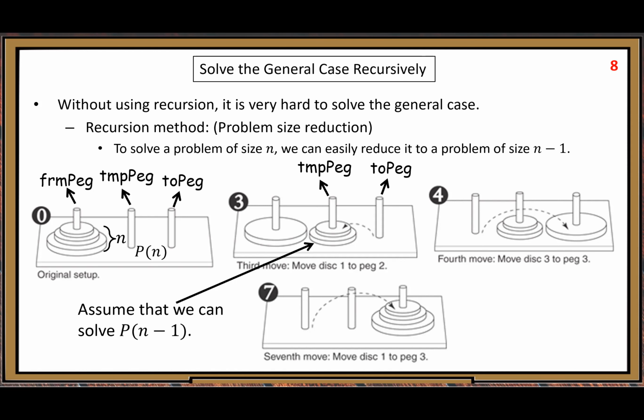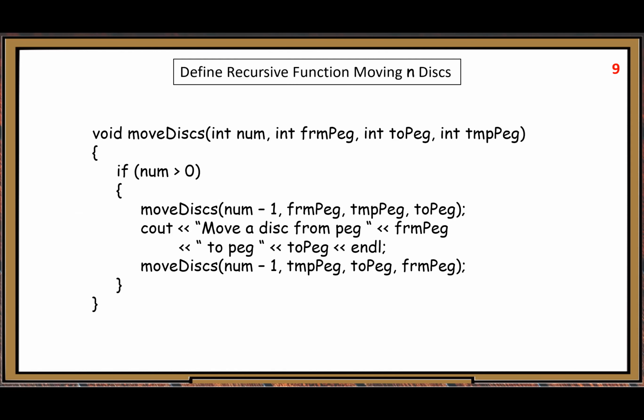And to write the code, this is the way to write the code. This is a C function. Then for the recursion, the number of disks and 3 pegs, so 3 integer variables, 1, 2, 3.